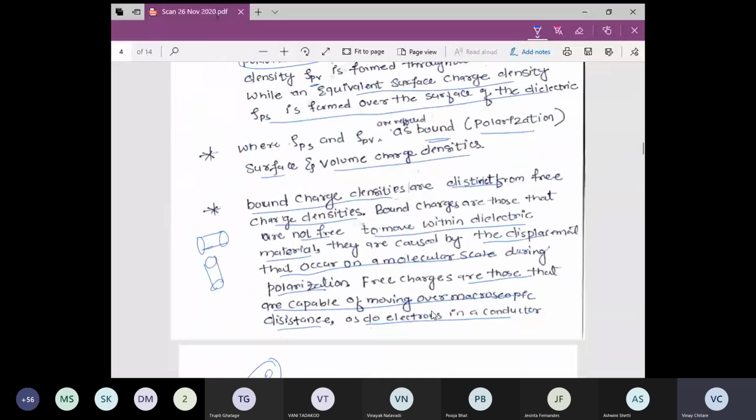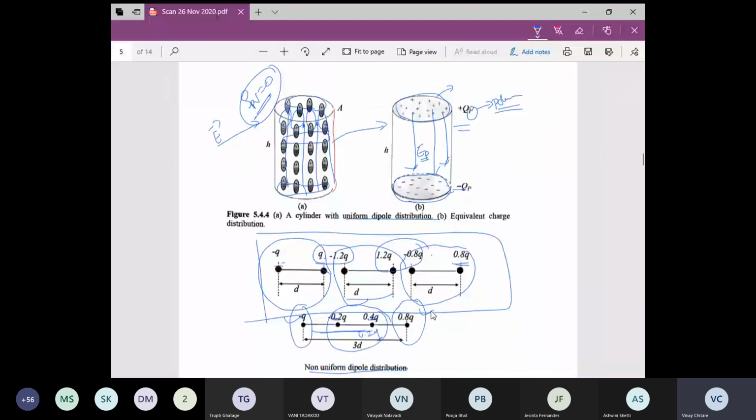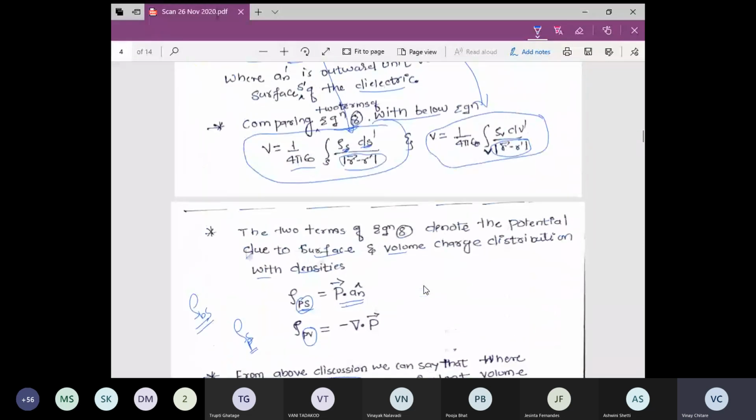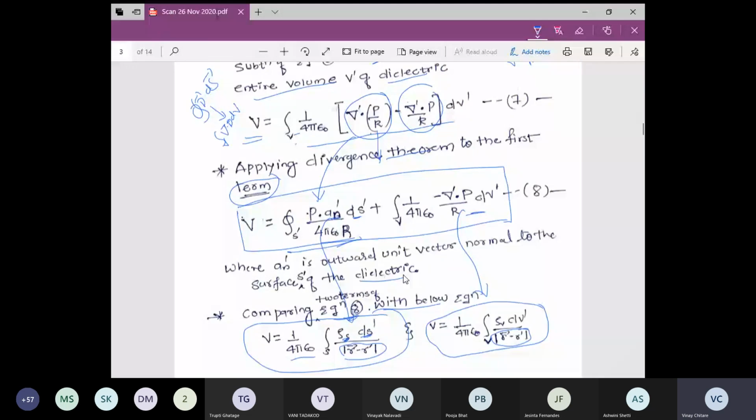In the case of a uniform distribution, the volume charge density will be 0, otherwise it does exist. And here we have the potential field due to those bound charge densities.